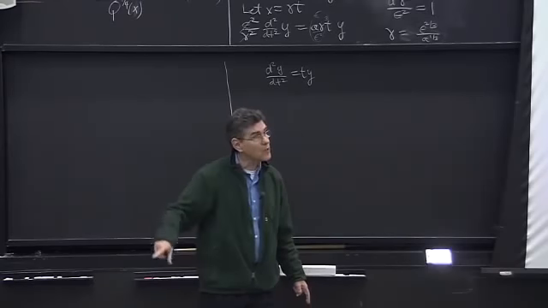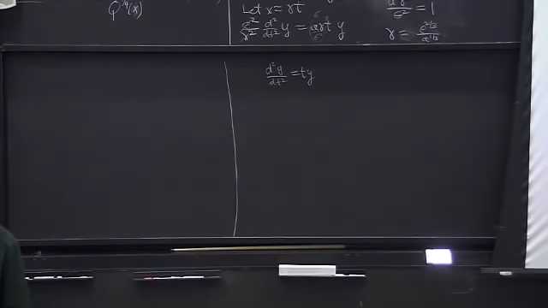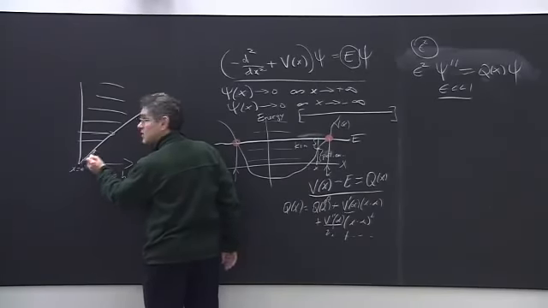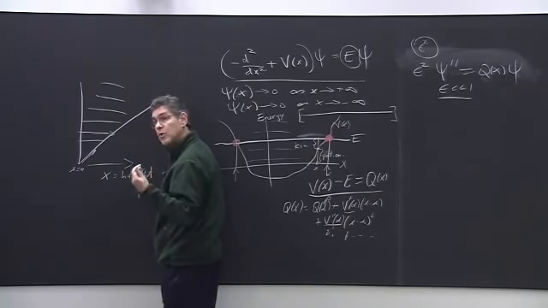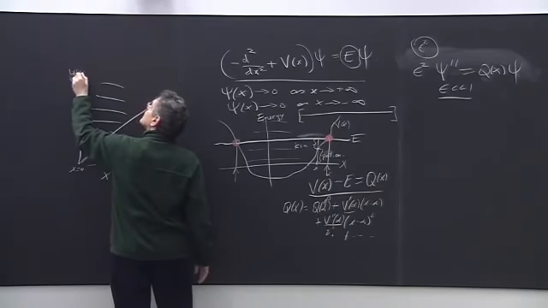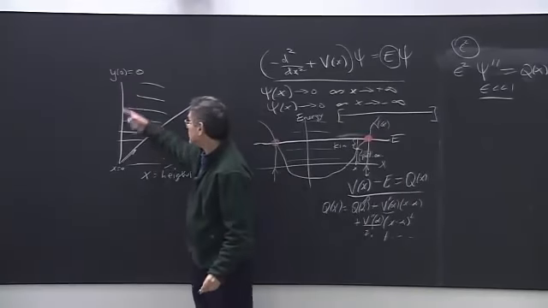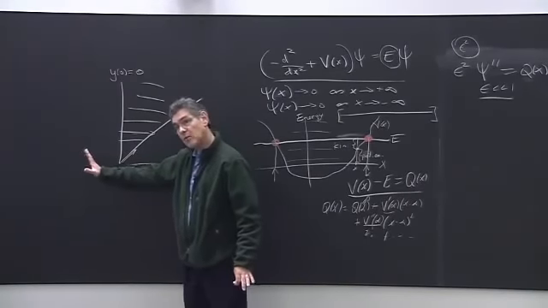The way you solve the problem is that you don't say a is infinite, you say a is finite. This is a finite slope. But what you do is you impose the boundary condition that y of 0 is 0. That's how you impose this infinite wall. You just cut off the problem right there.